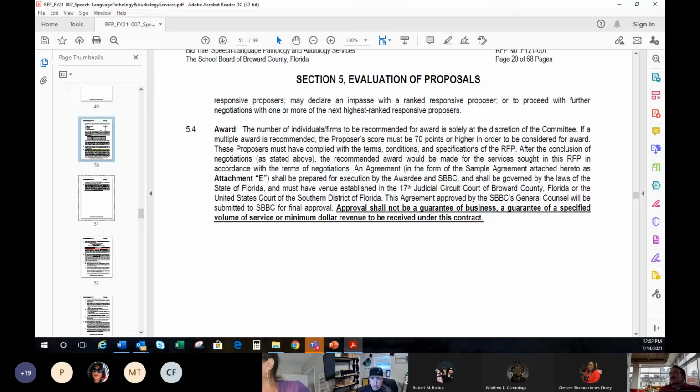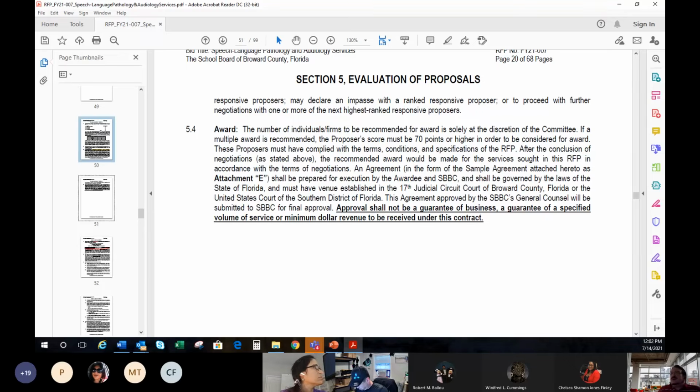This agreement approved by the SBBC's General Counsel will be submitted to SBBC for final approval. But we still want to make it a point that approval shall not be a guarantee of business, a guarantee of a specified dollar volume or a minimum dollar revenue to be received under this contract.